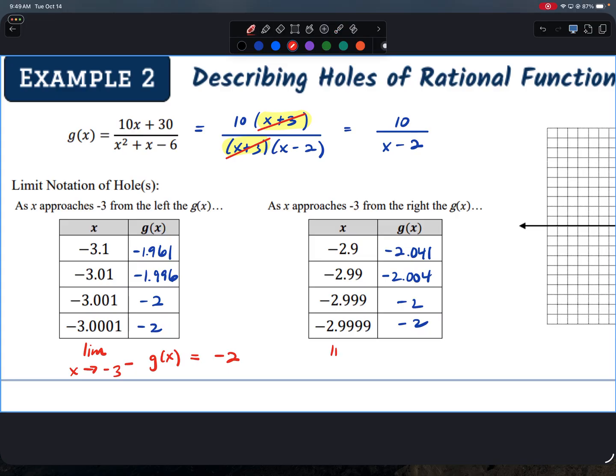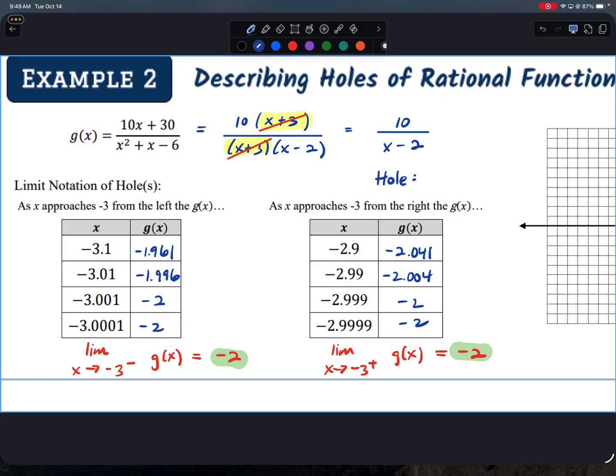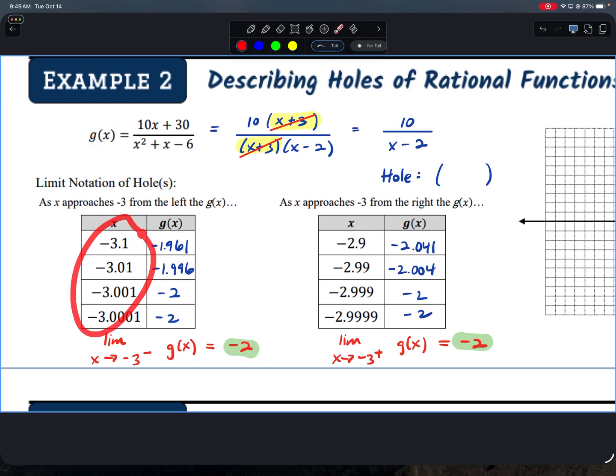The limit as x approaches negative 3 from the right of g of x, same thing from the table, is negative 2. So because these answers match, we know that there's what in the graph? A hole at the point, what? Careful, what is this getting really close to? So negative 3, comma, negative 2.